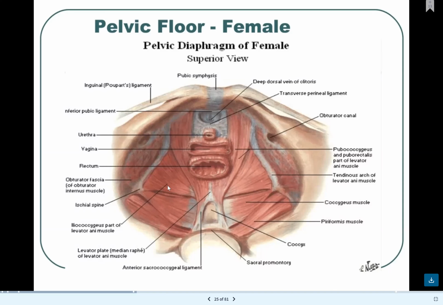So also looking at the iliococcygeus muscle, and then we can talk about the puborectalis muscle around this area, and the pubococcygeus muscle. So these are all muscles that will make up the diaphragm of the female pelvic floor.